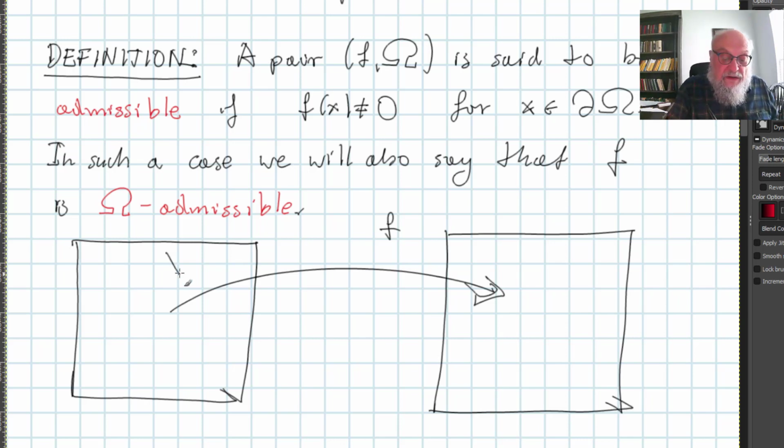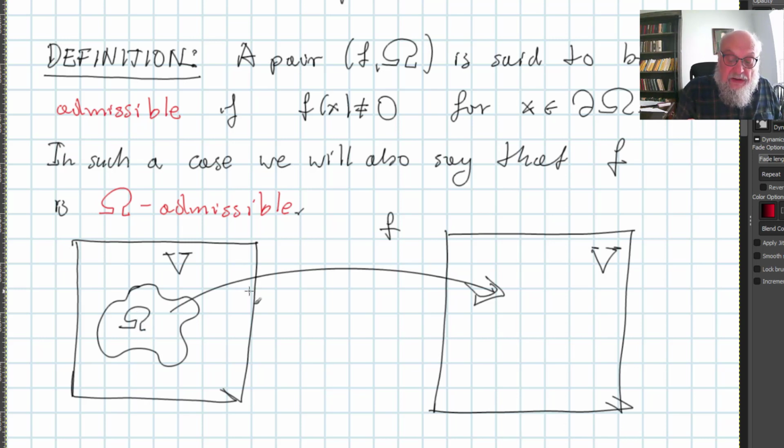So this is my V, this is my V, and then of course I have here the omega, some set omega. We are interested in the solutions of the equation f of x equal to 0, and we know that there are two types of solutions. So this is our 0.